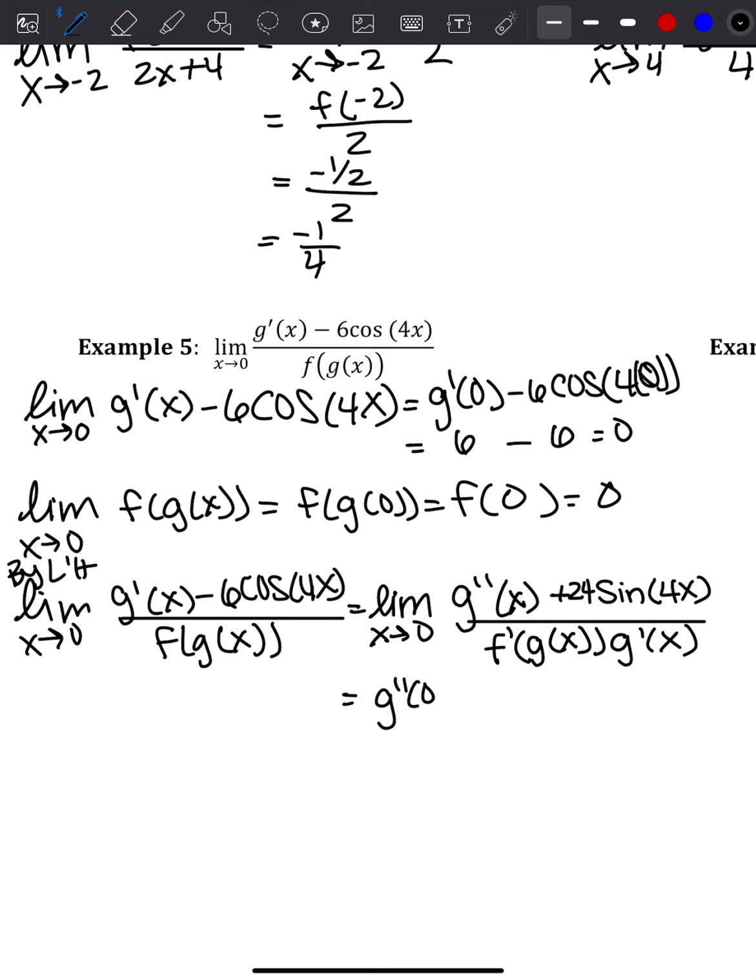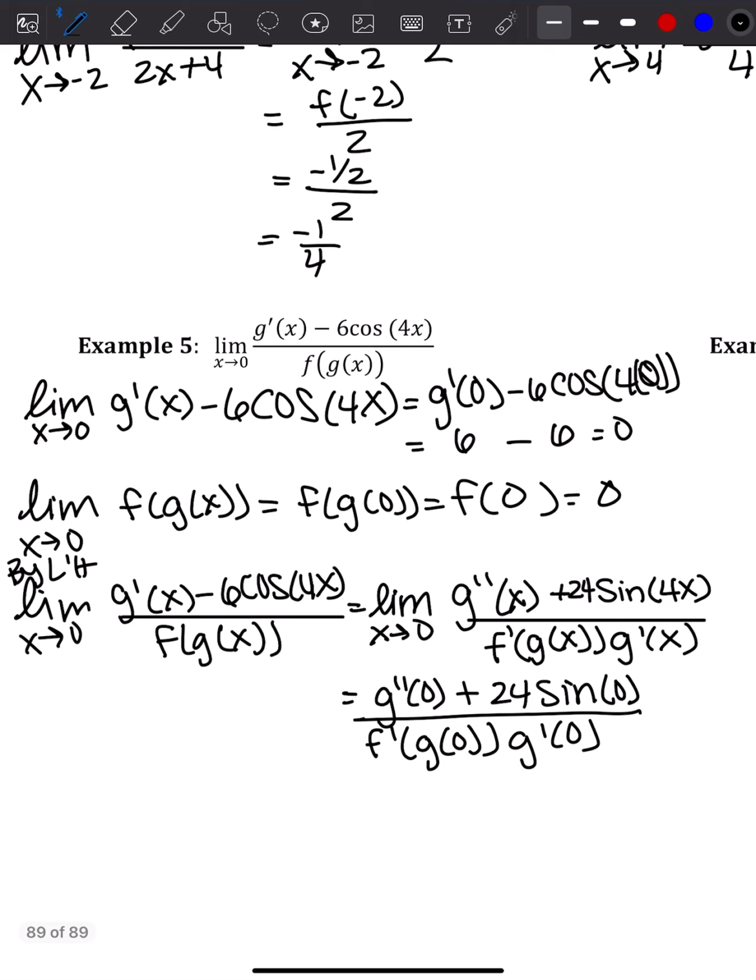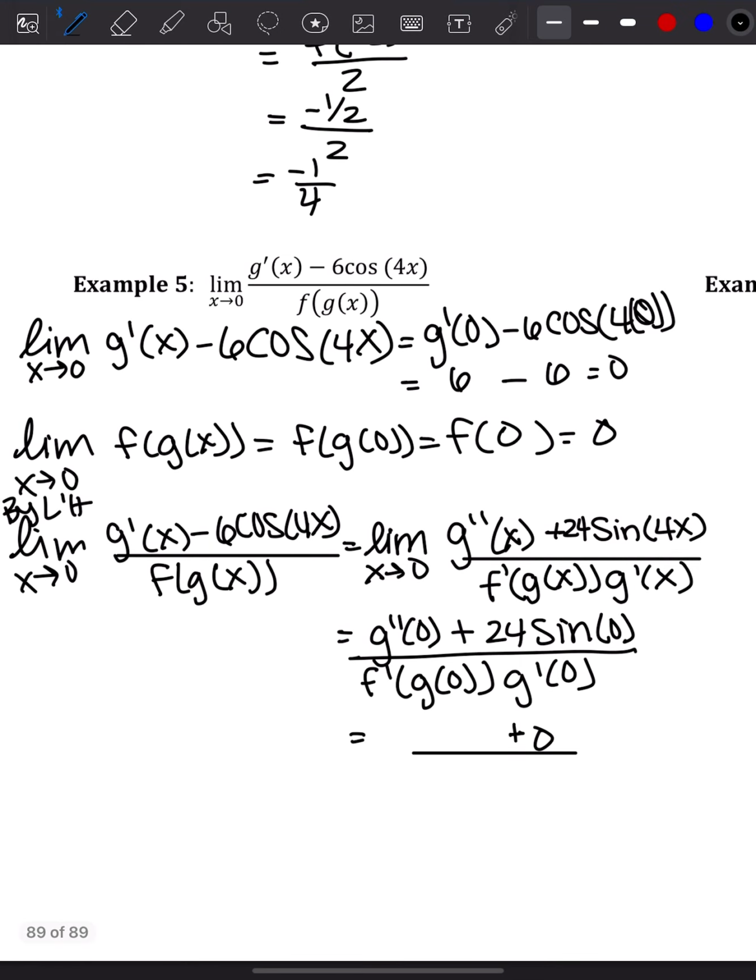So g double prime of 0, plus 24 sine of 0, divided by f prime of g of 0 times g prime of 0. Okay, well, 24 sine of 0 is 0. We know g of 0 is 0.